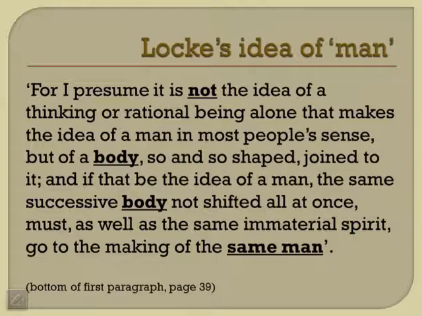The man is simply the physical structure: the body, the shape of the body, and the fact that the body persists throughout time. So his theory for the identity of man is quite similar to the same body theory.